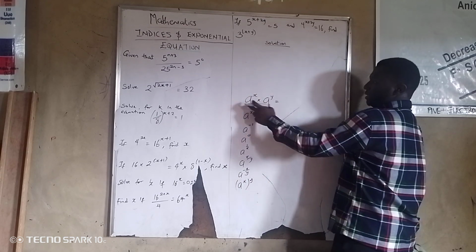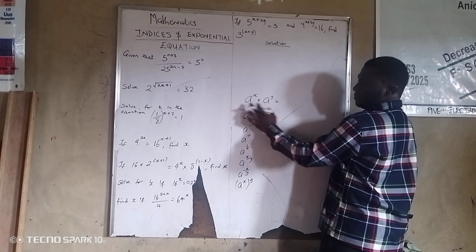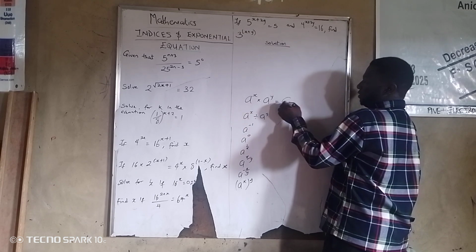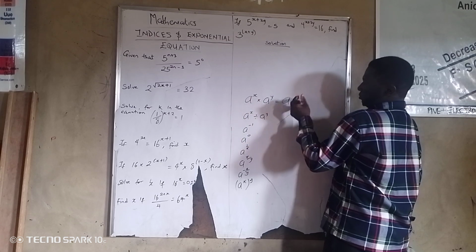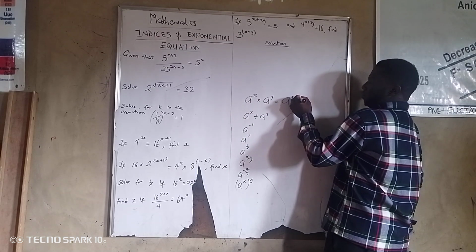Alright, so this we said that since they have the same base, we pick one of the bases, and since it is multiplication, the powers will be summed. So that's x to the power a plus y.